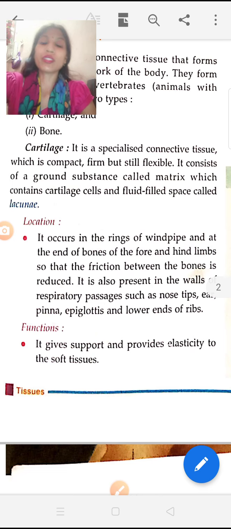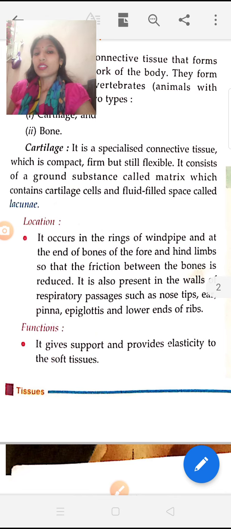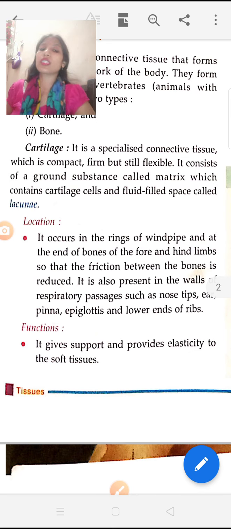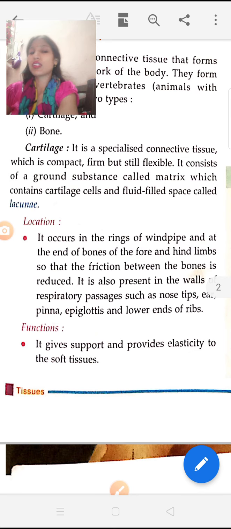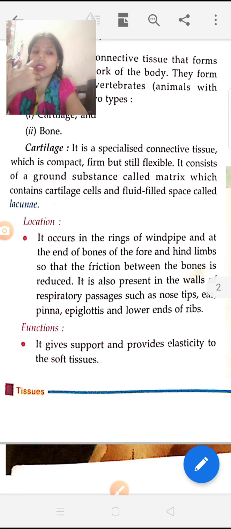It is compact, but it is also flexible. It is again categorized into subcategories, like the hyaline cartilage, the fibrocartilage, and elastic cartilage. That also you will study in your higher classes, the location of the different types of cartilages. It is soft. The tip of the nose you can see is cartilage.